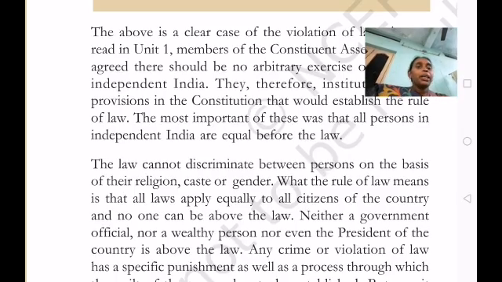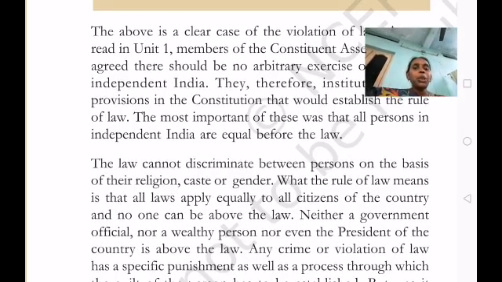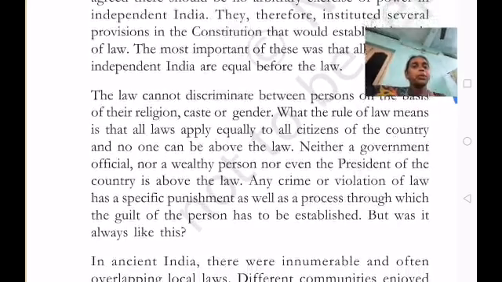Any crime or violation of the law has a specific punishment, as well as a process through which the guilt of the person has to be established. But was it always like this? In independent India, even the president is equal to ordinary people, all are equal before the law.